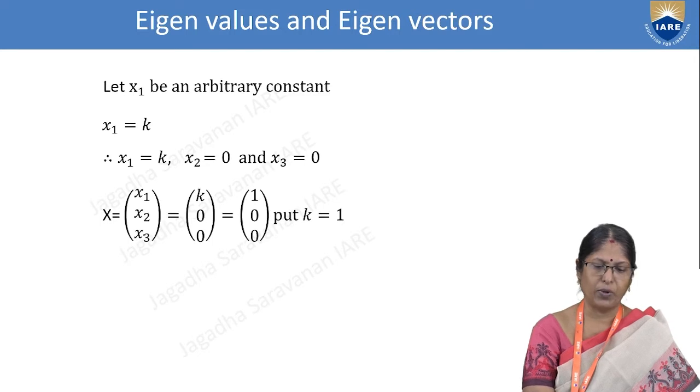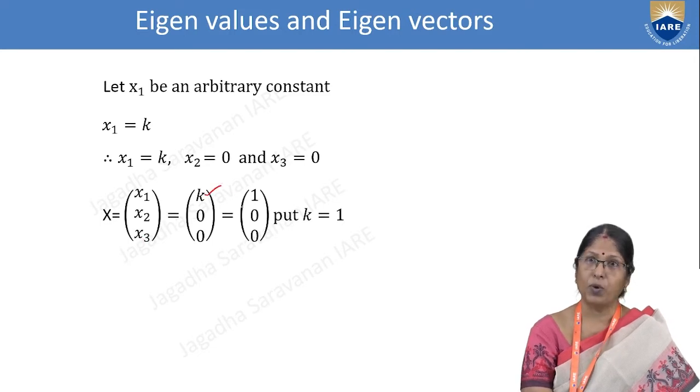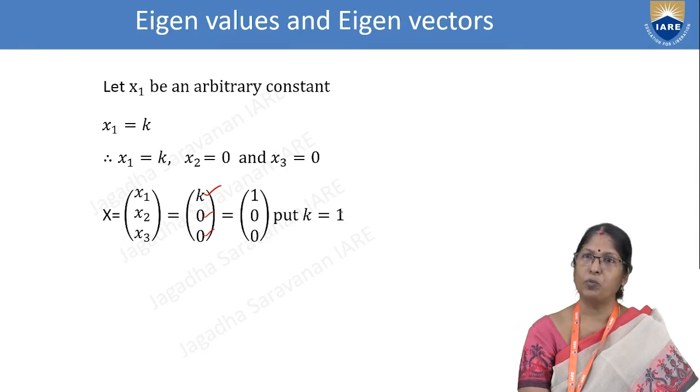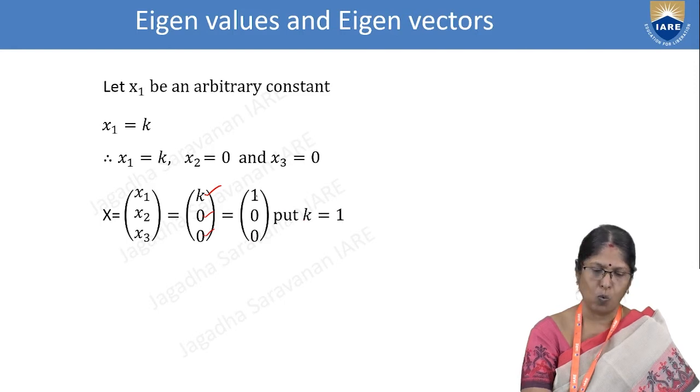So x1 arbitrary constant k, x2, x3, solving the equations we got it. This k value we are assuming 1 to save our time, so we don't make it more complicated. Very simply we can take 1. So 1, 0, 0. But k equal to any value we can take, nothing wrong in it. But here it has taken 1.